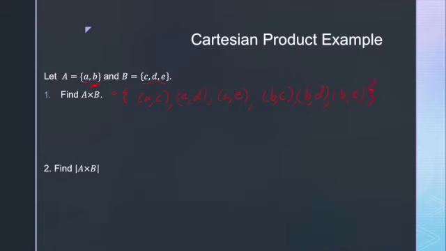As you can see, its size is 6, which is the cardinality of A times the cardinality of B.